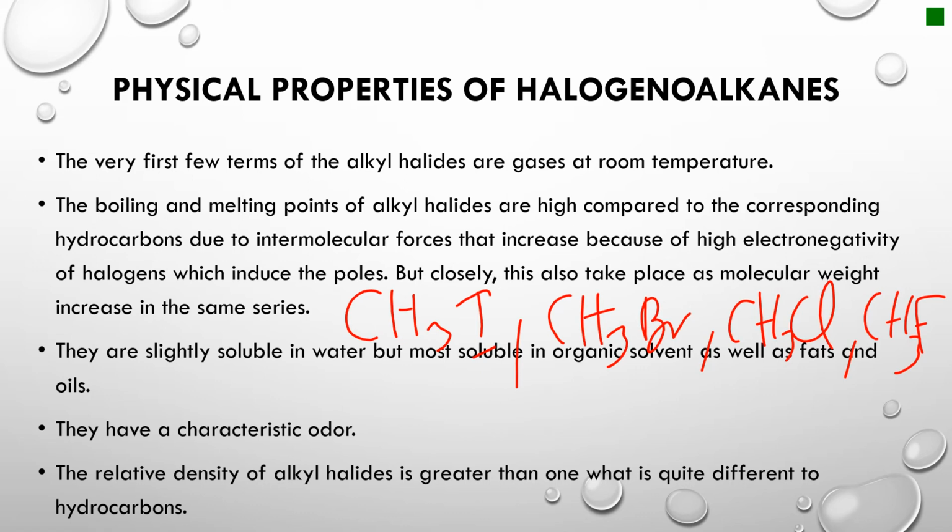These are alkyl halides which have the same number of carbons, the same number of hydrogens, and the same number of halogens, but the halogens are different. If someone asks you to order them according to increasing boiling points, will you be able to do it? Will you be able to explain the trend? Let's try it.